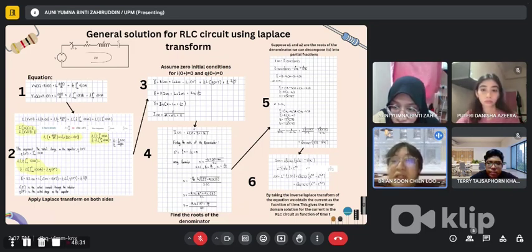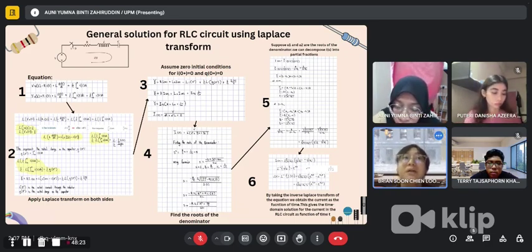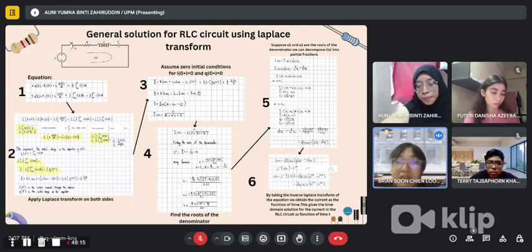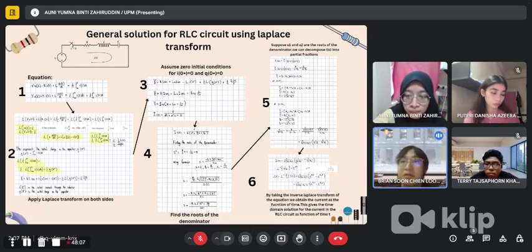So we just change the negative to positive. We get e to the power at, and we obtain the final current equation, which is the general solution: V over L(a1 minus a2) times [exponent a1t minus exponent a2t]. And then I guess that's all from me. Thank you.